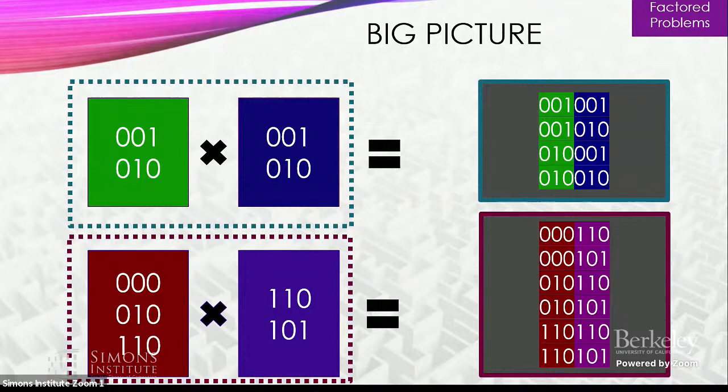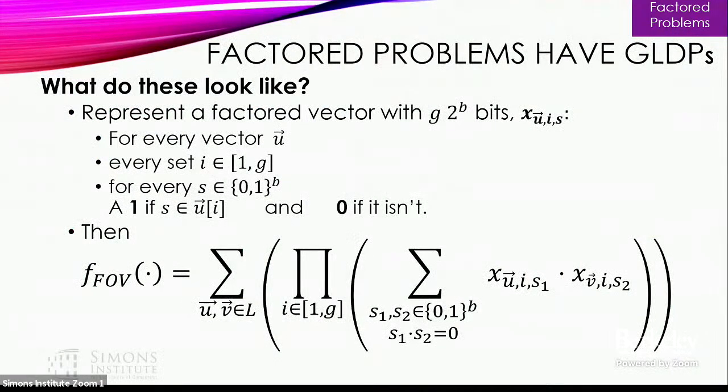In some sense, we're pre-computing everything about what's going on within these groups of B bits within the polynomial, and then we're able to just multiply across these pre-computed pieces. That's a very hand-wavy way to describe it, but that is in fact the internals of this truly heinous polynomial.